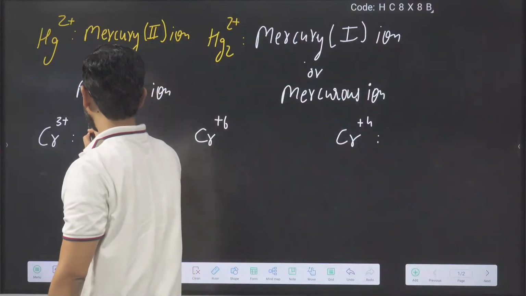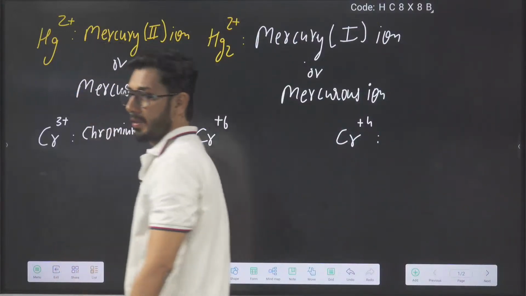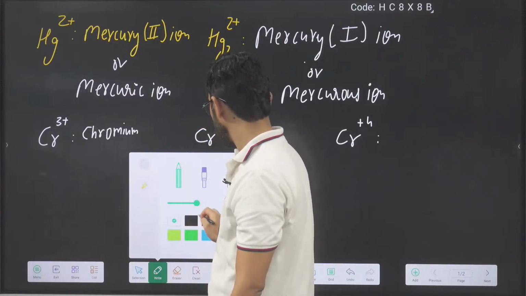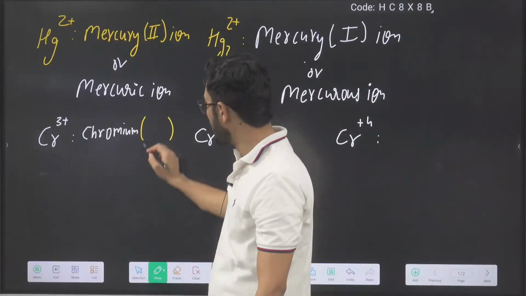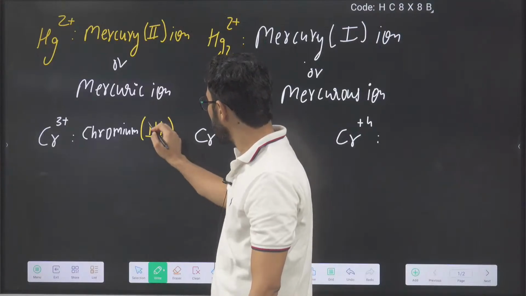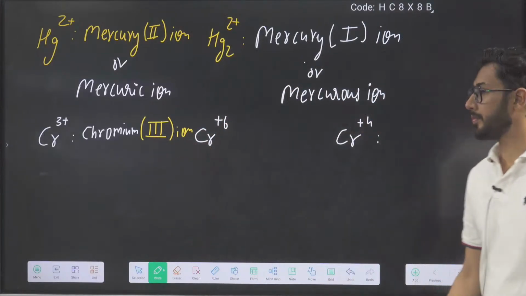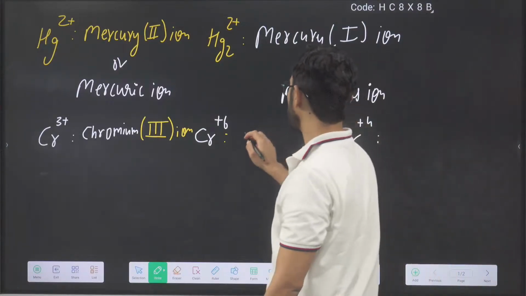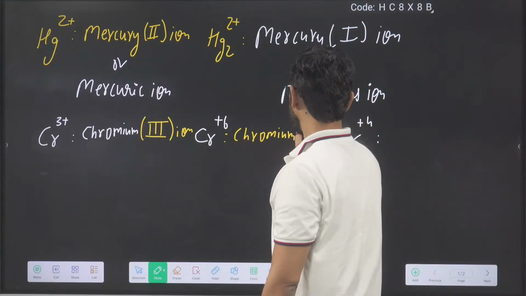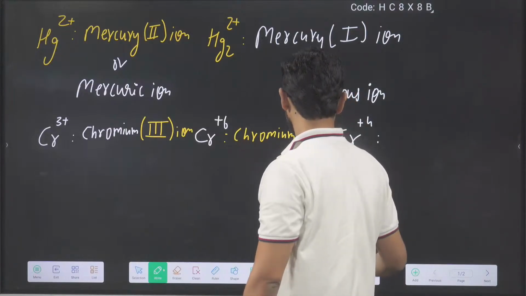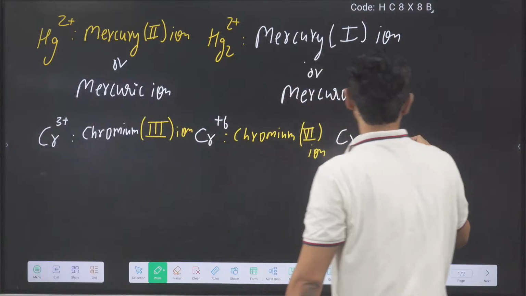Chromium 3+. Name of the element. What will come in brackets? In Roman numerals 3, and then ion. Plus 6, 6+: chromium(VI) ion. Plus 4.